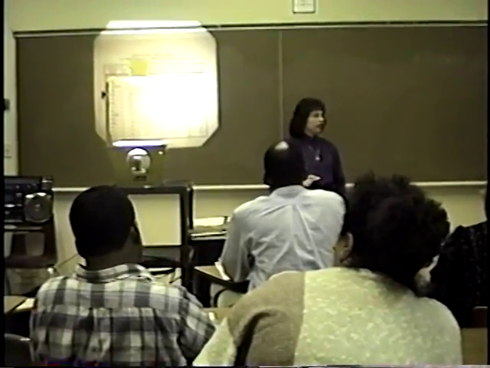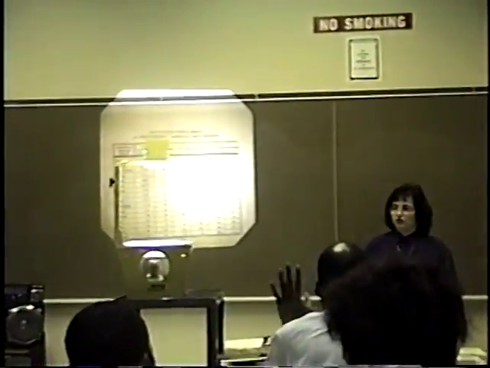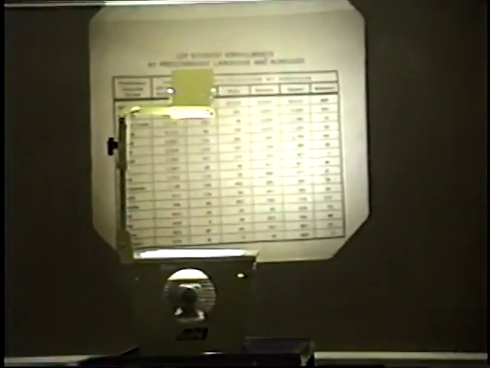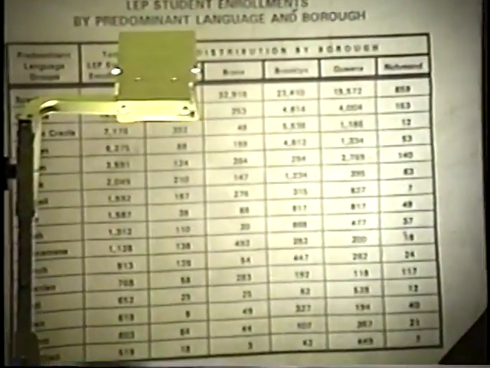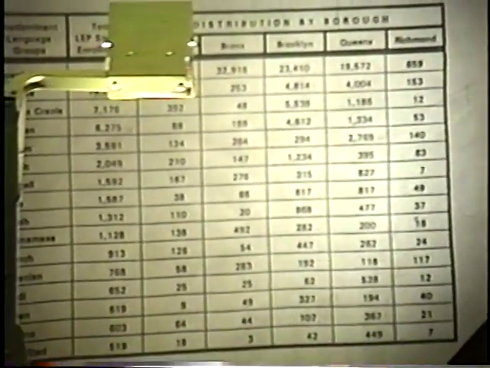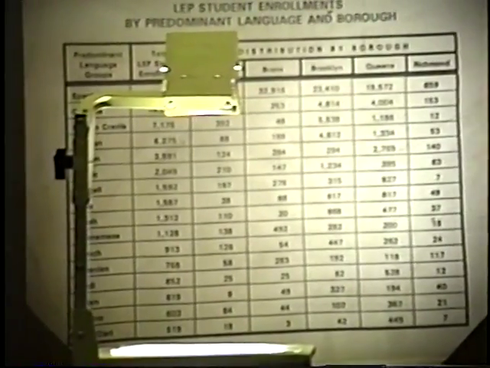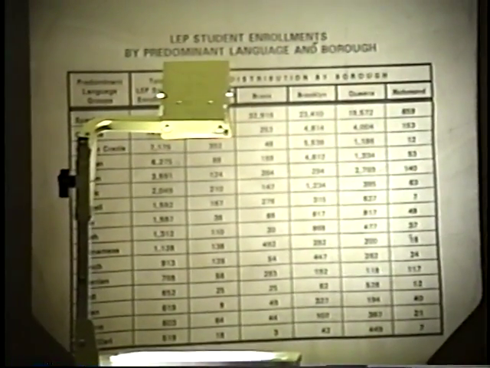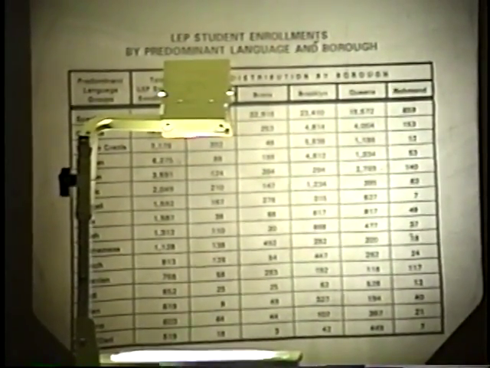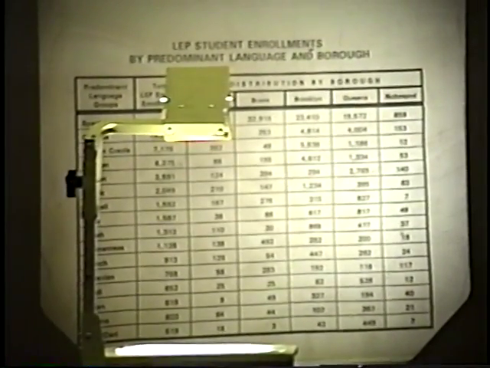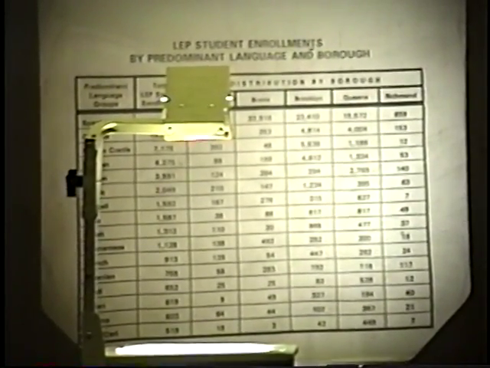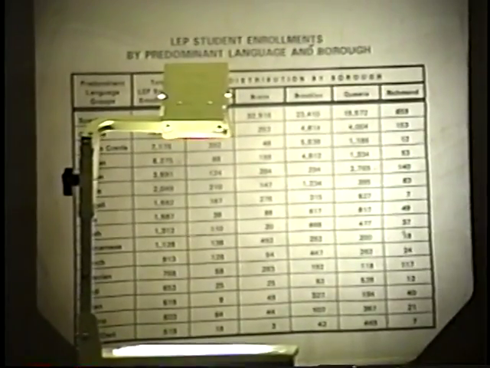Okay, and how do we know that a child is limited English proficient in this city? We give them an assessment test. What is the name of that test? All right, and what has to happen with that test in order to call that child LEP? He has to be 40 or below. Okay, very good, very good.